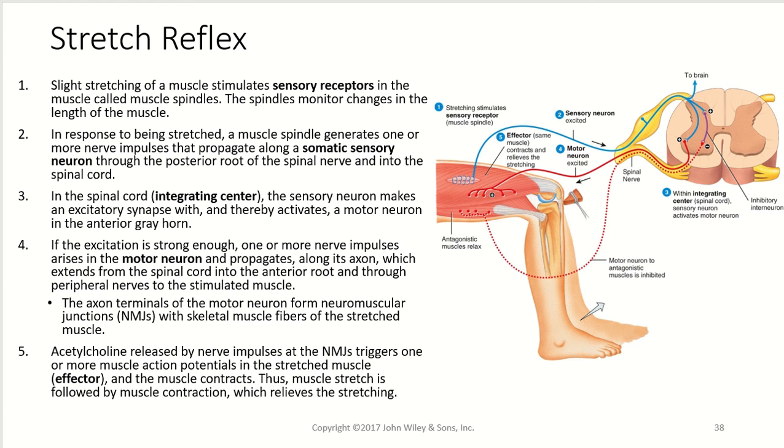And then the last thing that happens is that acetylcholine is released by nerve impulses at that neuromuscular junction. This triggers one or more action potentials in that stretched muscle, which is the effector, and the muscle contracts. Therefore, muscle stretch is followed by a muscle contraction, which relieves that stretch.